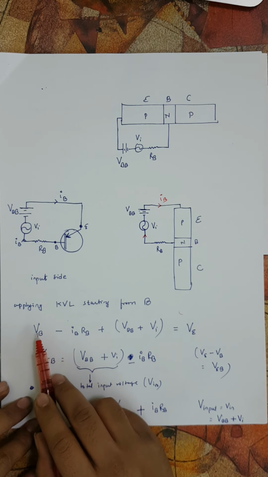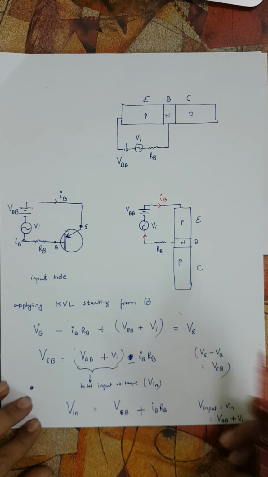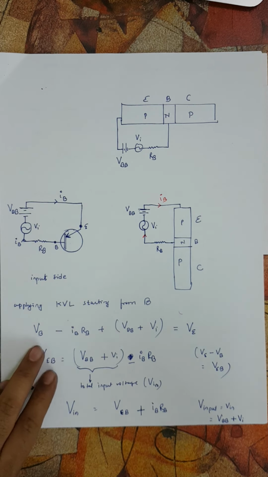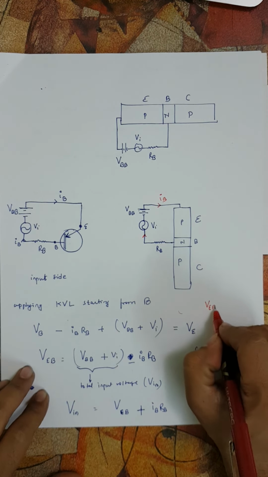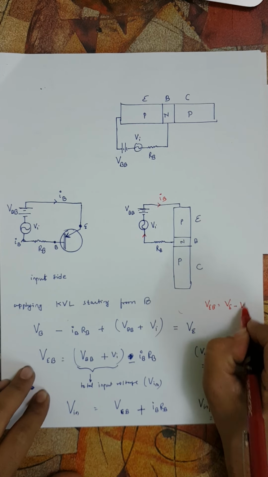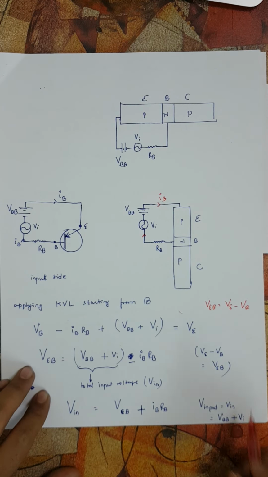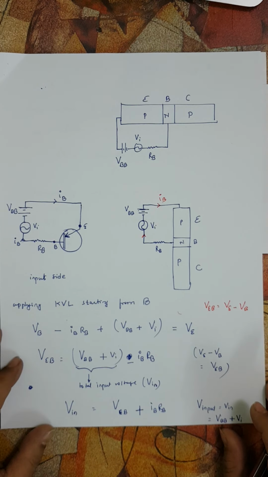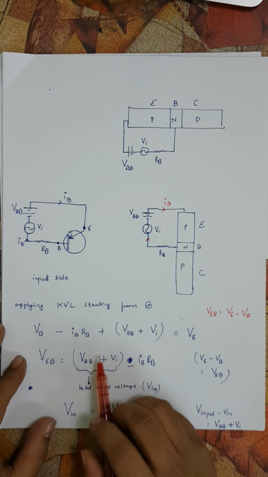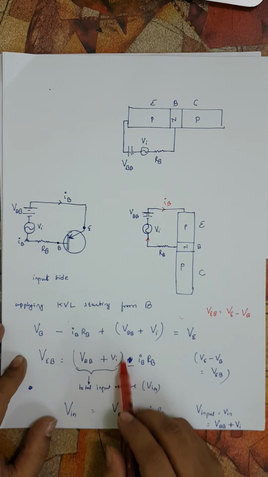So as we take this from here to here, we get VE minus VB. VE minus VB is, we know, the base emitter PN junction potential difference, which we can call VEB. VEB here is, as you know, VE minus VB, the difference between the potentials of the p-type emitter and the n-type base. Alright, so this is the total input voltage.